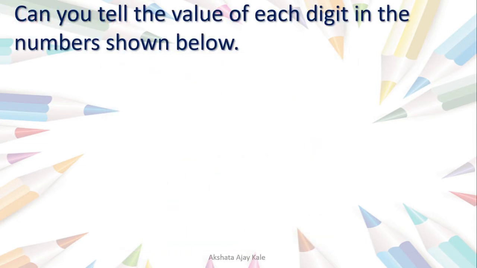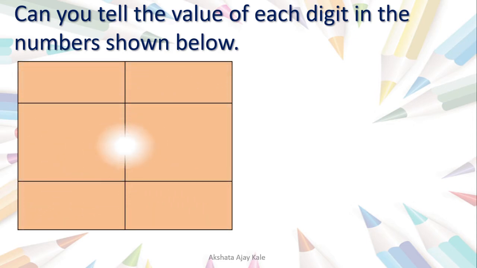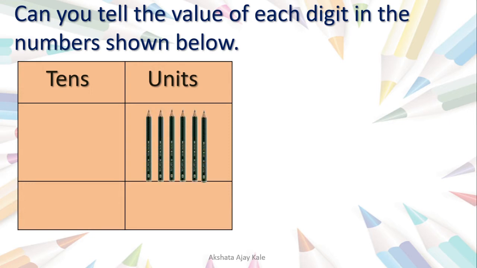Okay. Here, can you tell the value of each digit in the numbers shown below? See, this is our table. Unit place, you know this. Tens place, correct? Always to the right hand side units place will be there, and next to the units place you can see tens place, right? Here we can see in the unit box there are some pencils, and in the tens box nothing is there.